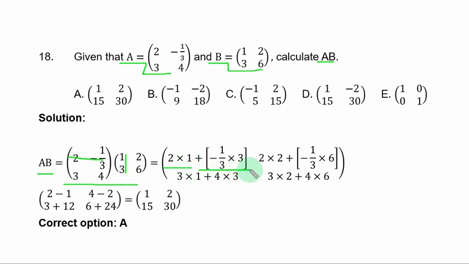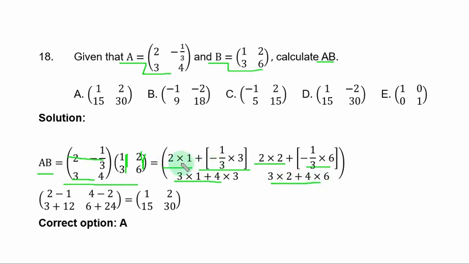The same first row times second column: you have 2 times 2 plus minus 1 over 3 times 6. You move to the second row times first column. That is 3 times 1 plus 4 times 3. The same second row times second column, and you have 3 times 2 plus 4 times 6.